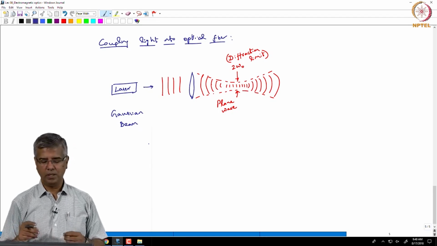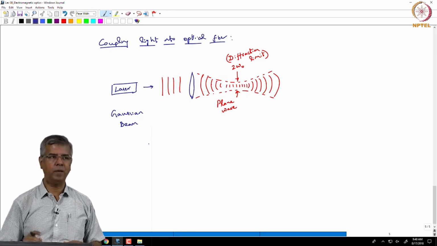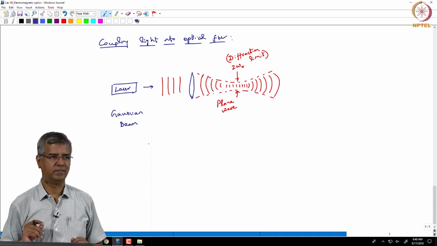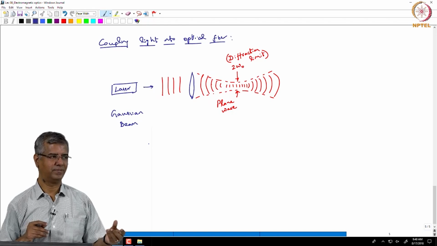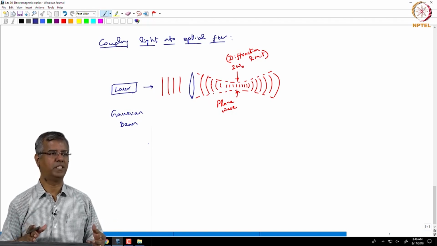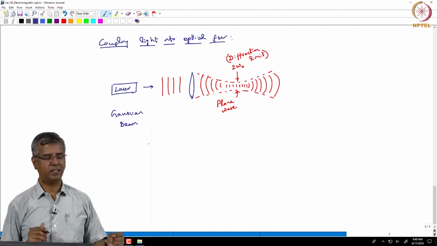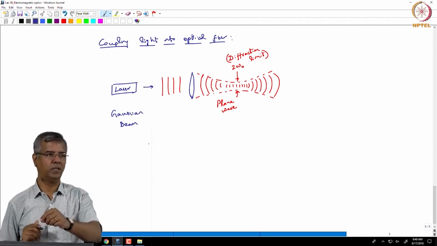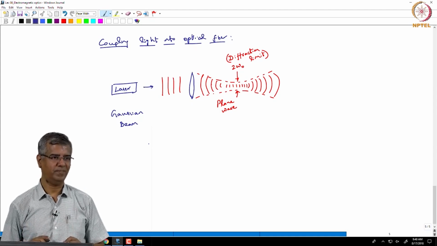Okay. So you cannot take, let's say, a laser with a very poor wave front. Let's say you are taking an LED light, right? It's got very poor spatial coherence. The wave front is all wobbly. You cannot take that and expect to couple a lot of light into a single mode fiber, okay?